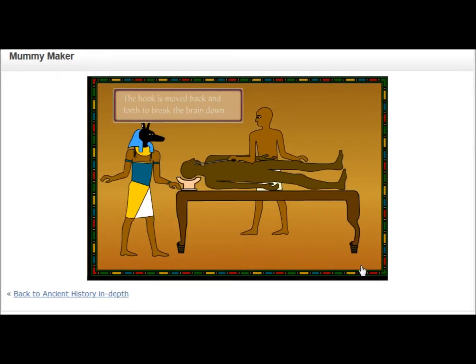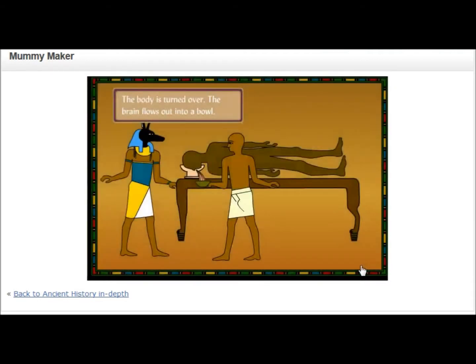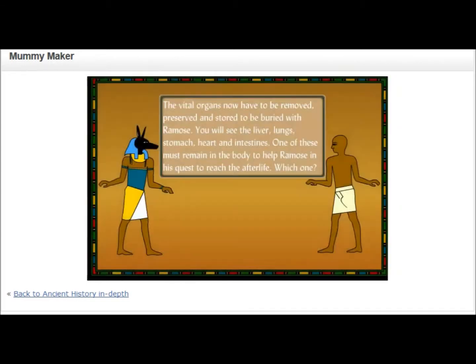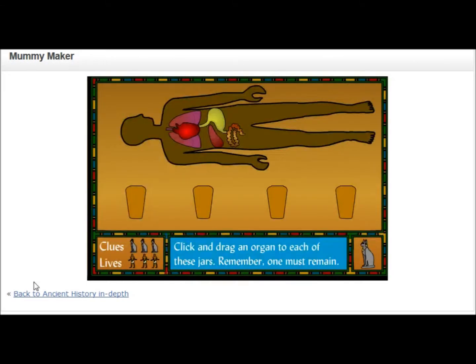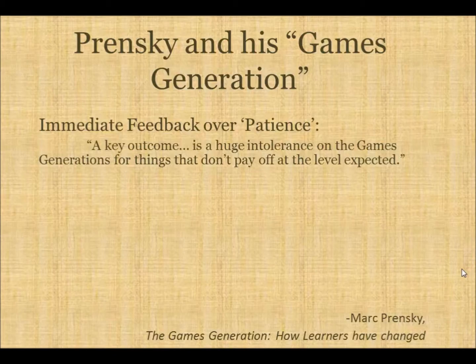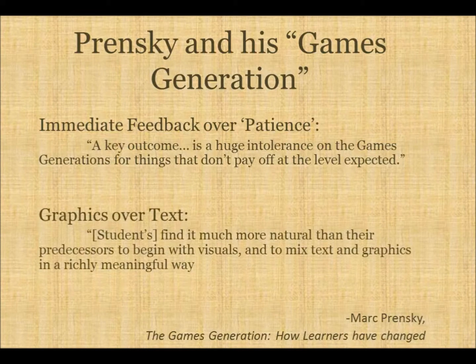By placing the student in the role of an assistant to the embalmer Ka, they experience a role-play scenario in which the feedback emphasizes the importance of the ancient occupation. The graphically driven game engages students in their learning in contrast to a text-based alternative, which Prensky supposes as inefficient to their hypertext needs.